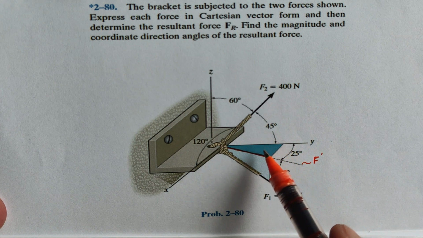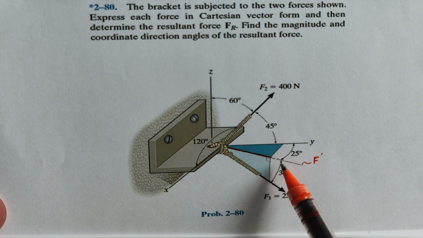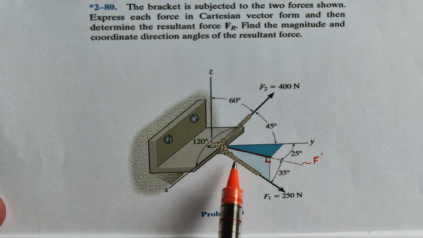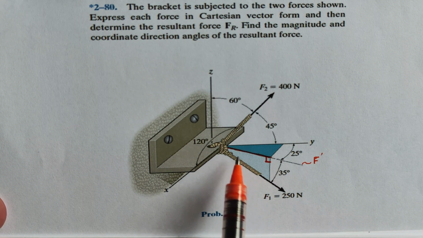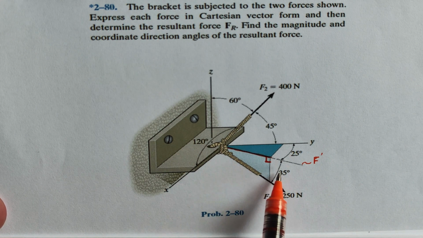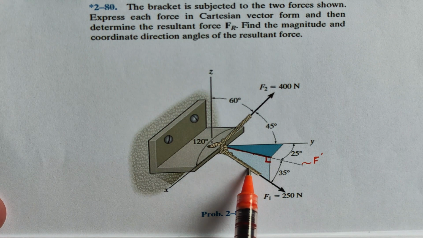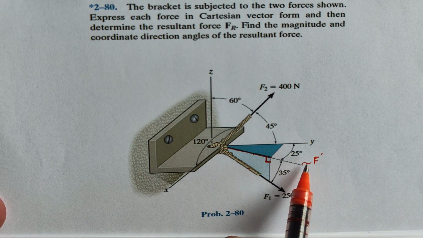So the first step we have to do is to find F prime. When we look at this, F prime is making a right angle triangle with F1 itself. Therefore, if I take cos 35, which is adjacent over the hypotenuse, I can find F prime.